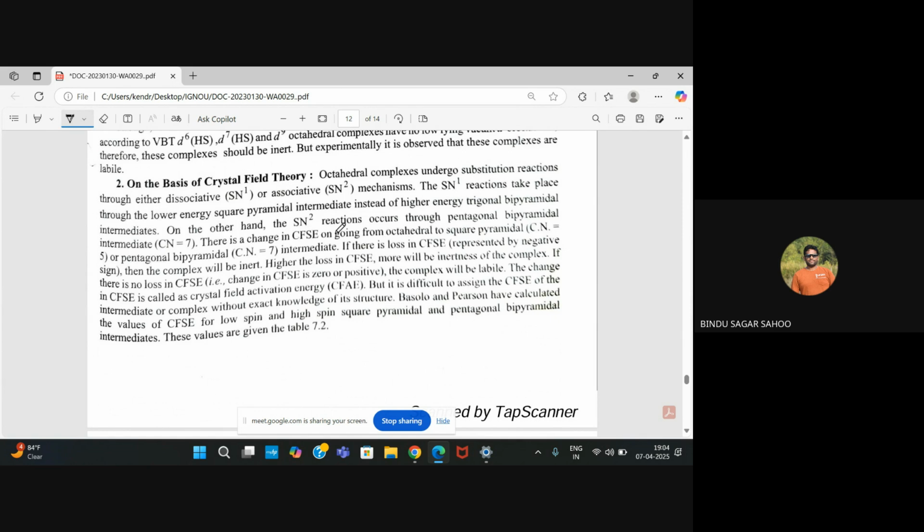You can see here, there is a change in CFSE going from octahedral to square pyramidal or pentagonal pyramidal intermediate. If there is a loss in CFSE, then the complex will be inert. The higher the loss of CFSE, the more inert the complex. If there is no loss in CFSE, the complex will be labile. Or if the change in CFSE is zero or positive, the complex will be labile.